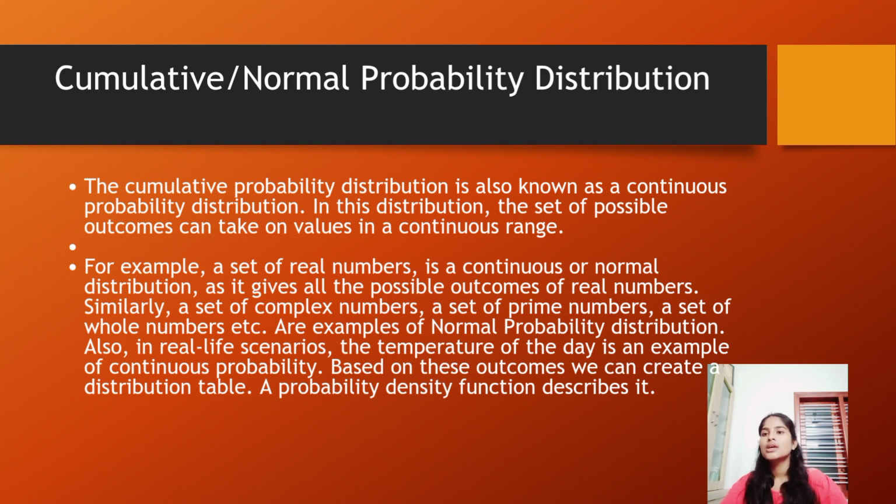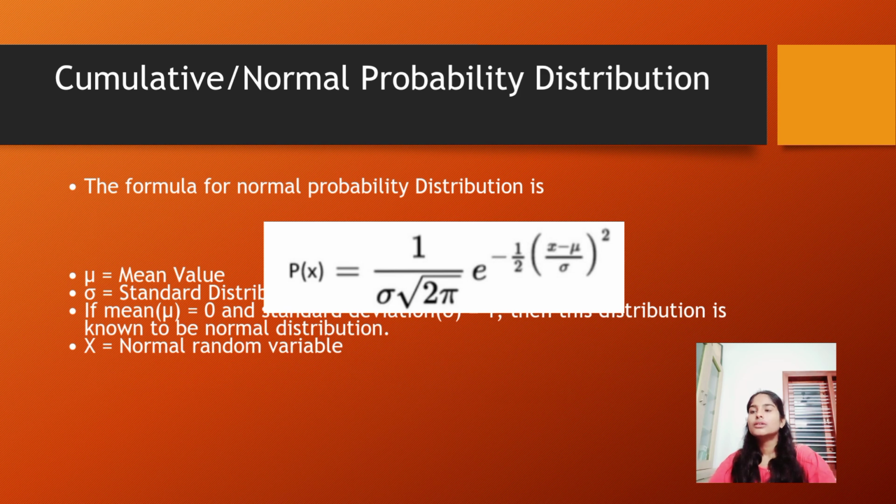Based on outcomes, we can create a distribution table. A probability density function describes this. The formula of normal probability distribution is shown as P(x) = 1 / (σ√(2π)) e^(−½((x−μ)/σ)²). So μ is the mean value, σ is the standard deviation of the probability.